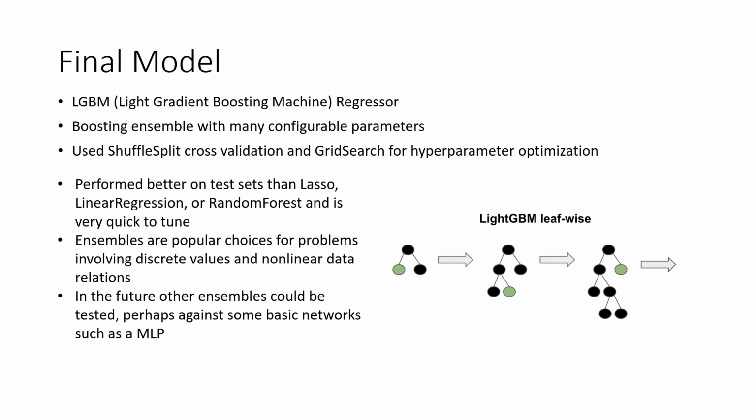And throughout the process, I was fitting a variety of different models. What seemed to be the most consistently high performing is LightGBM. There's a few different ensembles I used, primarily random forest and LightGBM, as well as linear models, simple linear models for some of the simpler features.